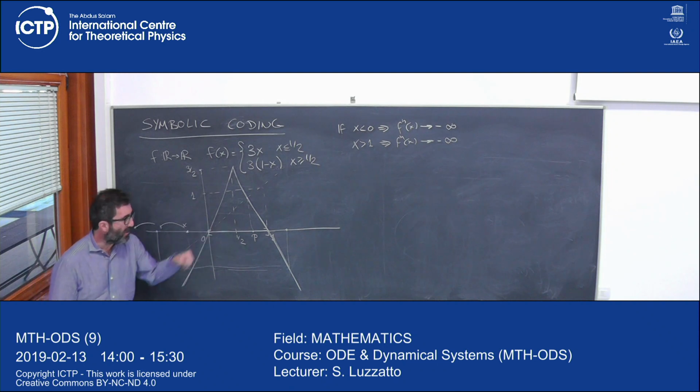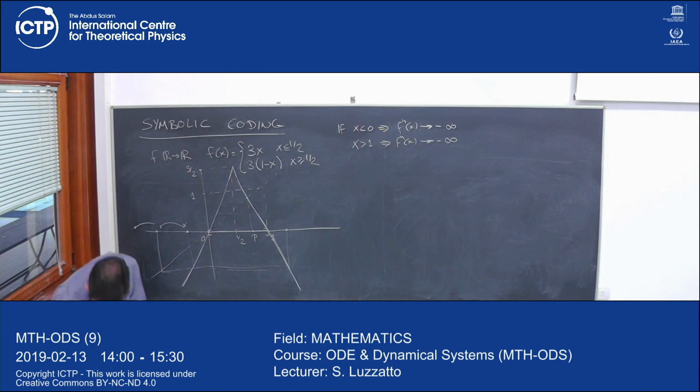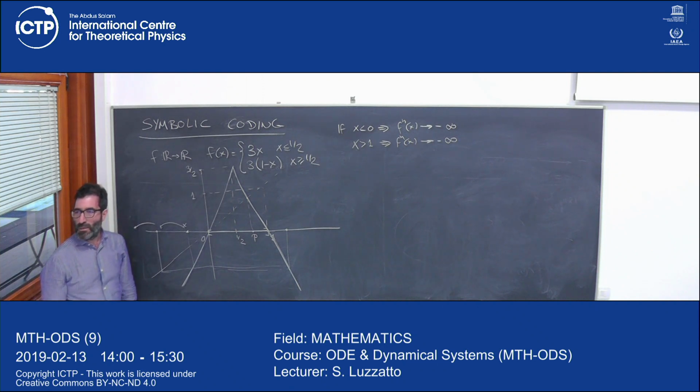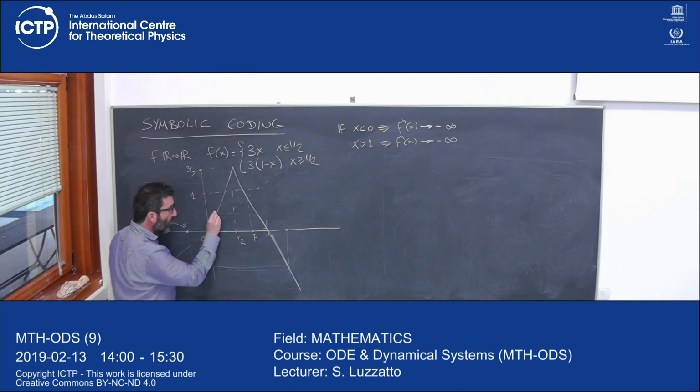We know that there are 2 fixed points. Are these attracting fixed points? Are they? What's the derivative? Is it bigger than 1 or less than 1? Bigger than 1. Okay? So they're not attracting, they're repelling fixed points. If you take a point near 0, it will move away.